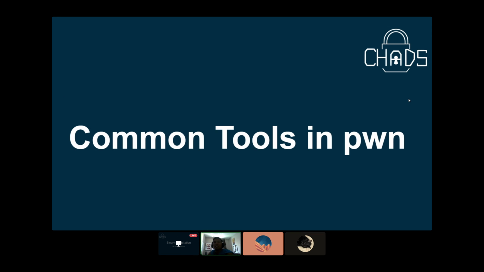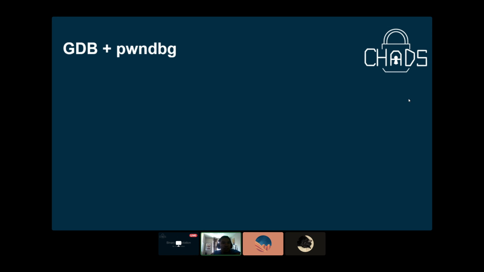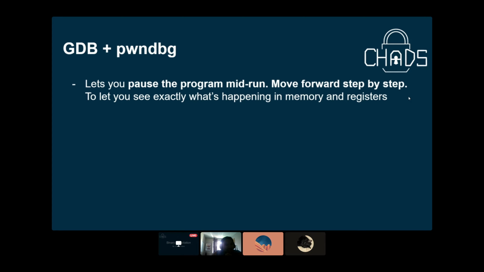So common tools in this. The first one is GDB plus pwndbg. It lets you pause a program mid-run. The way binary exploitation works, you're normally asked for an input, and within that input you have to understand how the program flows.